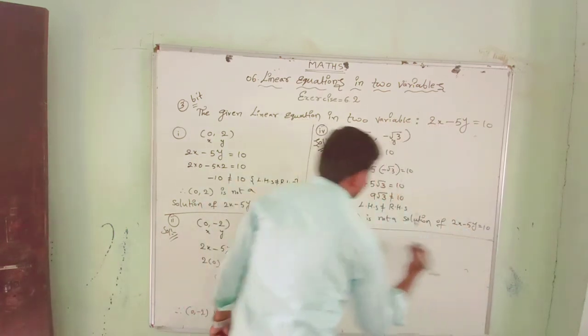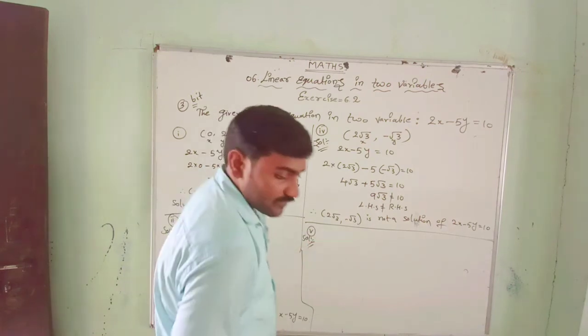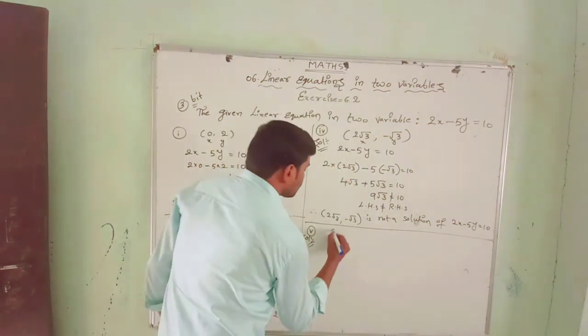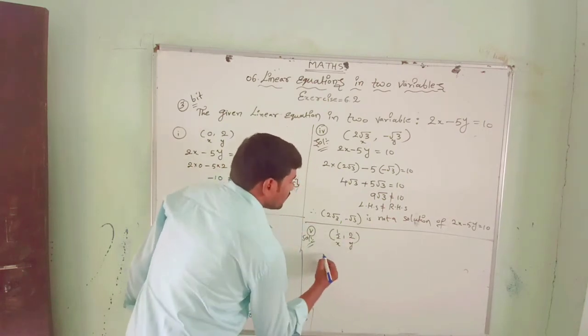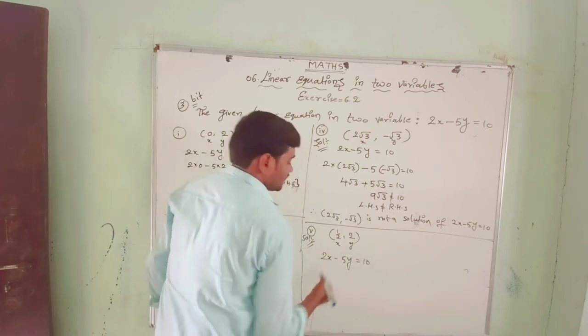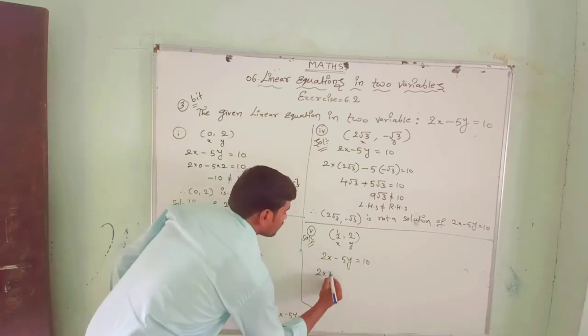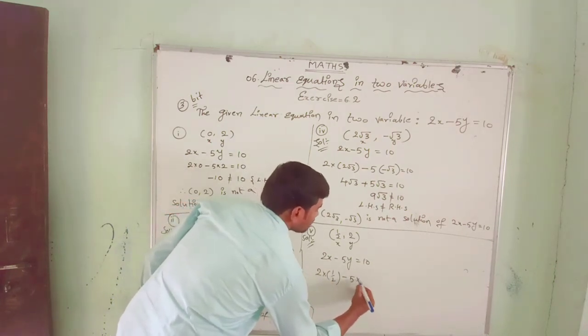Now let me go for the fifth one. The point is (1 by 2, 2). This is the x value and this is the y value. The given equation is 2x minus 5y equal to 10. Wherever x is present we put 1 by 2, and wherever y is present we put 2.